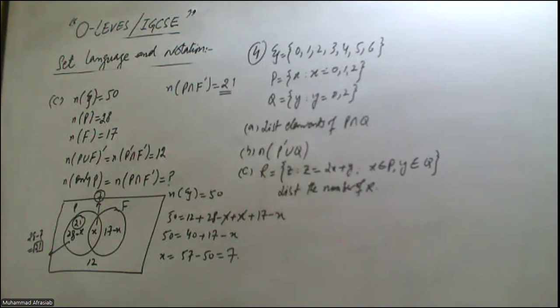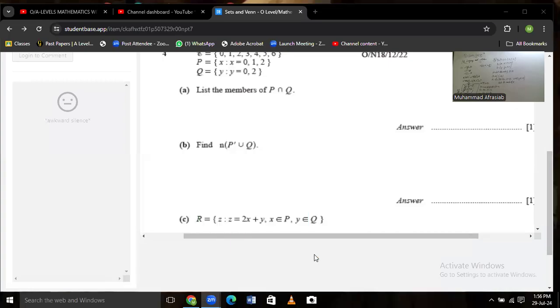Question number 4 now. The universal set is equal to 0, 1, 2, 3, 4, 5, 6. P is x such that x is equal to 0, 1, 2. Q is y such that y is equal to 0, 2.